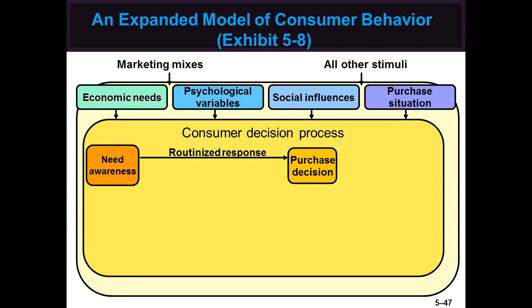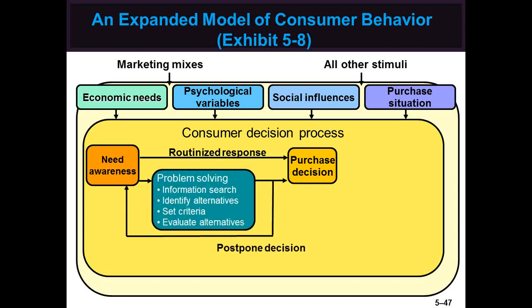If the consumer has faced the same problem in the past and has been satisfied with a solution, that solution may be routinely selected again without much thought. Alternatively, the problem-solving decision process may be more extensive. Problem-solving involves gathering memories or searching for information from friends, the web, stores, or other sources.